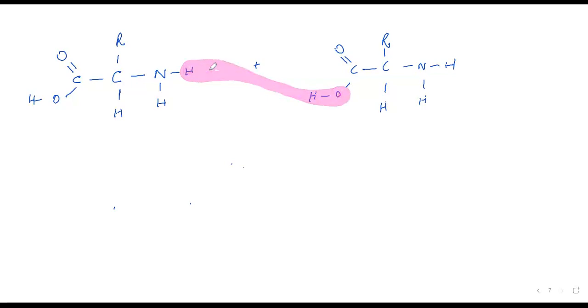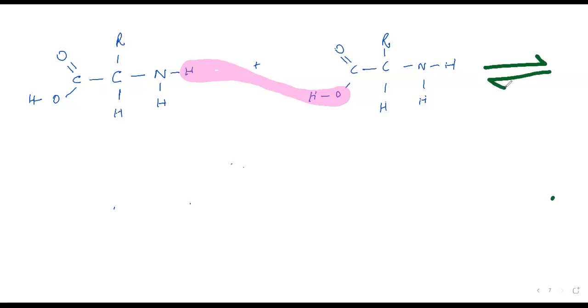A bond is going to form between nitrogen and carbon. The bond between nitrogen and hydrogen will break, and the bond between carbon and the OH group will break. The final result that you're going to end up getting, your structure is going to end up looking something like this.